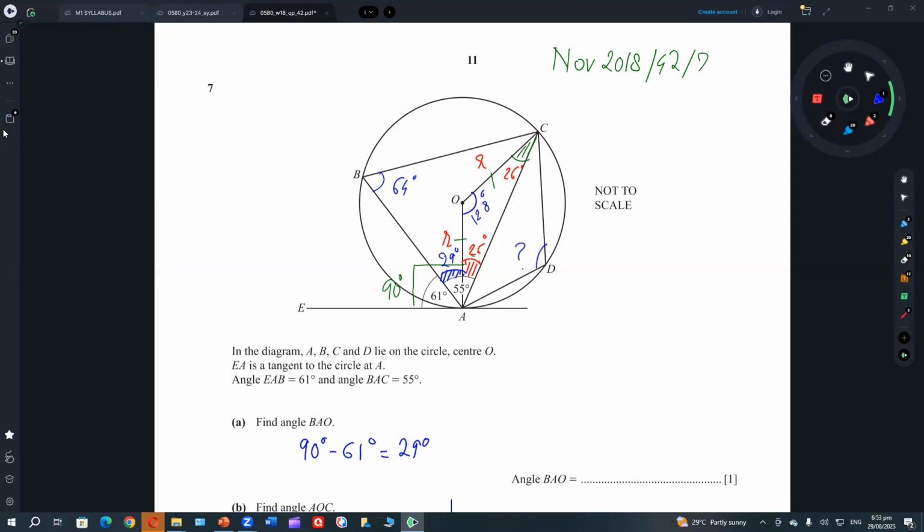You can look at the properties. What is the property? Opposite angles in a cyclic quadrilateral are supplementary.